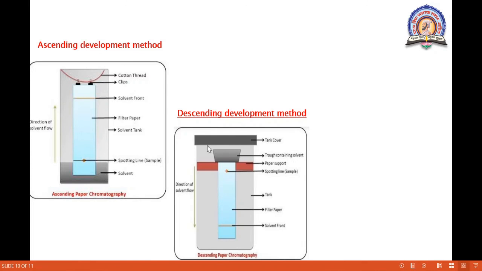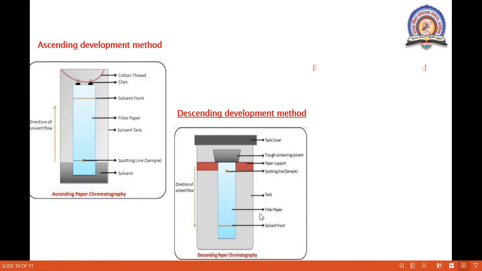Again, we prepare the same chromatogram with a baseline, only we place that chromatogram in a hanging position, and the mobile phase runs from top to bottom. We get the separation of components this way.